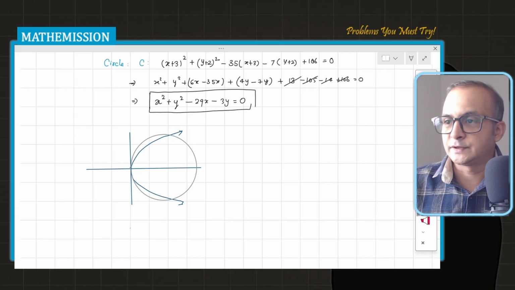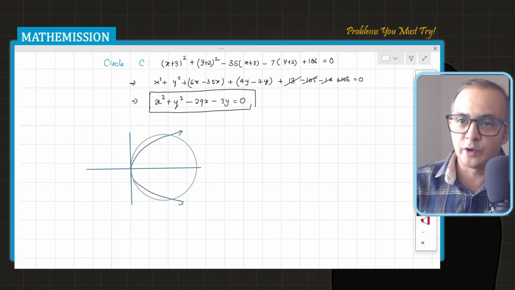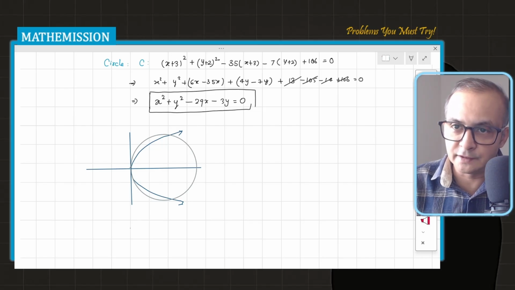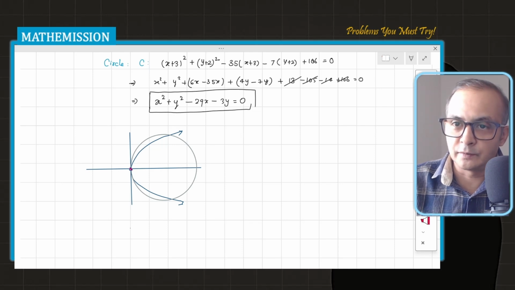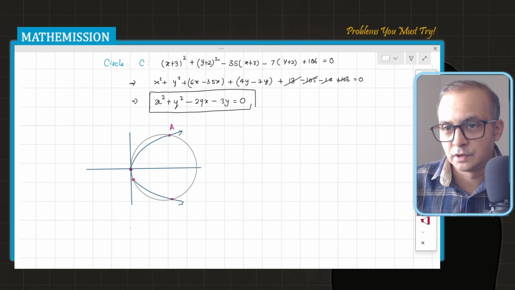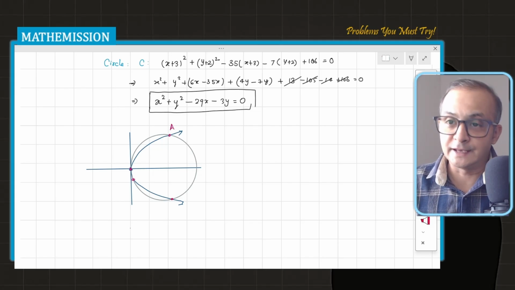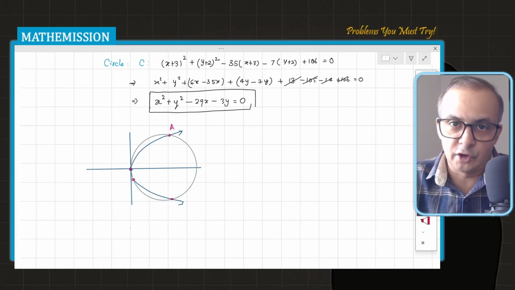And perhaps this circle is intersecting at 4 points. We don't know. One point is the origin, one point is A here, maybe B here or C here, I don't know. So these are 4 points. We will see whether the 4 points are possible or not.